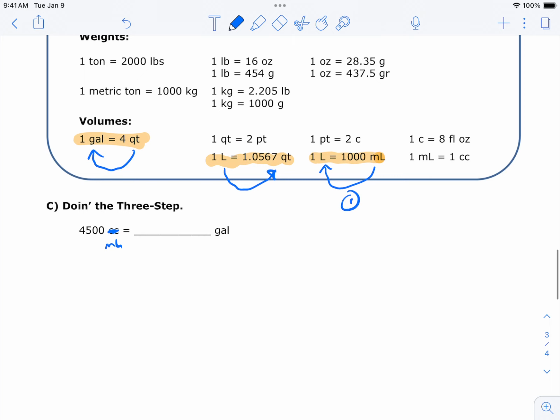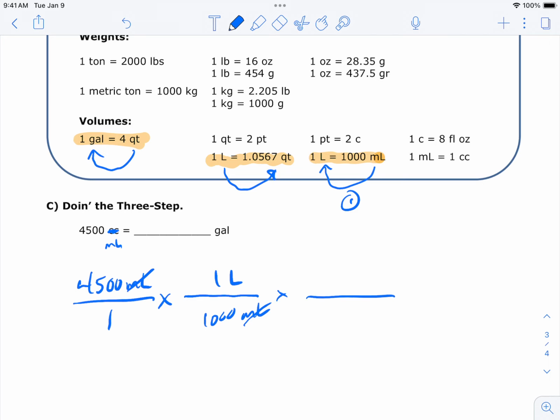So I'm going to start over here. You start by writing down, I've got 4,500 milliliters over 1. Conversion factor number 1 says 1,000 milliliters, which goes on the bottom so that I can cancel, is equal to 1 liter. Hey, now I've got liters. Conversion factor number 2 says 1 liter, I put that on the bottom so the liters cancel, is 1.0567 quarts.